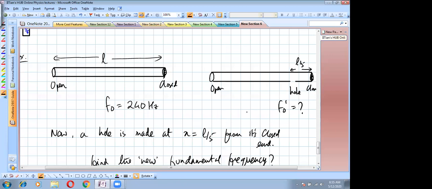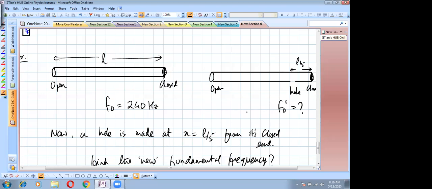So people, what's going to happen here when we introduce the hole over there, wherever the point where the hole is there, the air inside is in contact with the atmospheric air outside, directly in contact. So if the air is in direct contact with the atmospheric air outside over there, that has to become a pressure node.